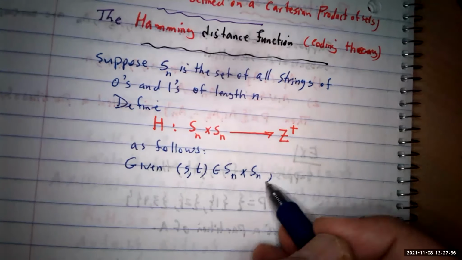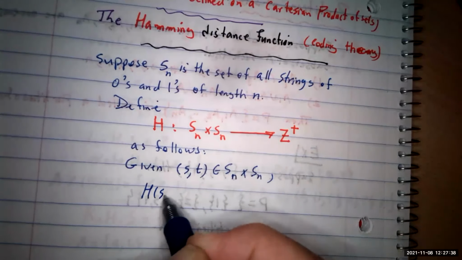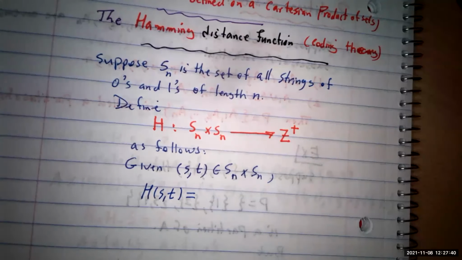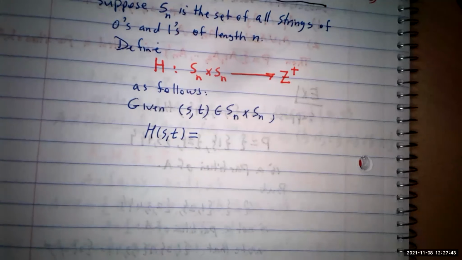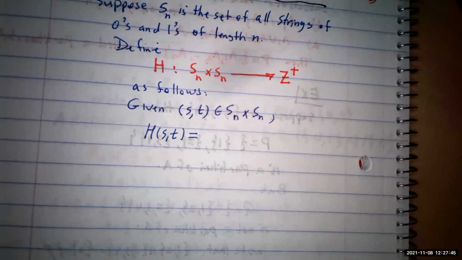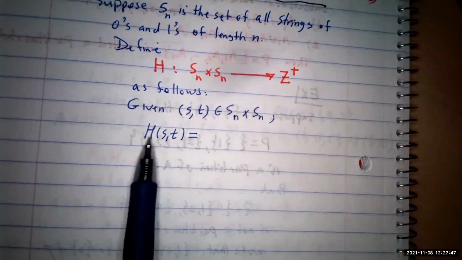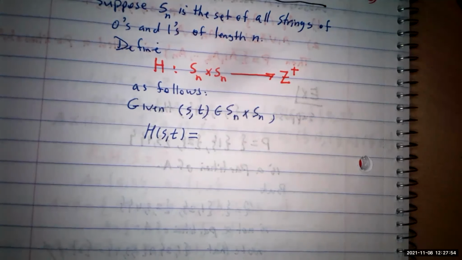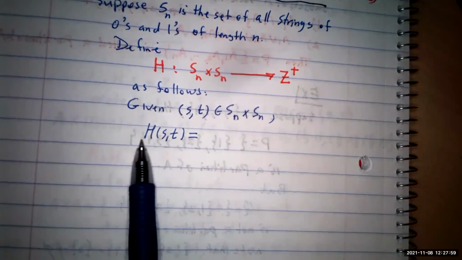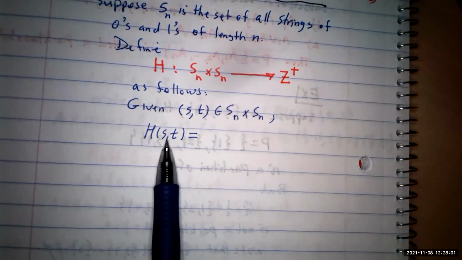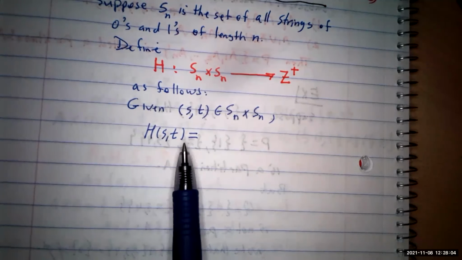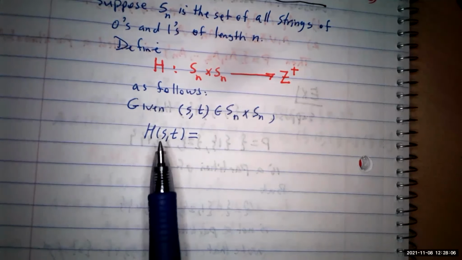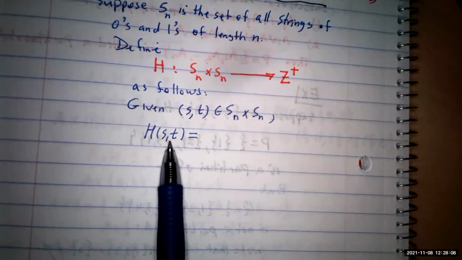We define H(S, T) to be equal to, you see both of them are codes of 0s and 1s. So when you compare them together, there are some places where they are going to be different, because otherwise they are all the same. So we count the number of those places and we call it the value of the function.